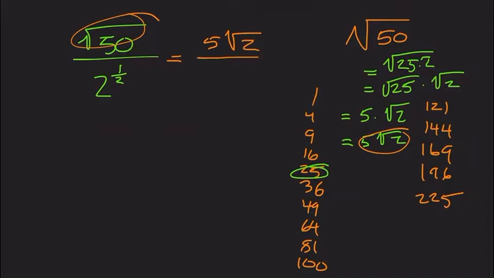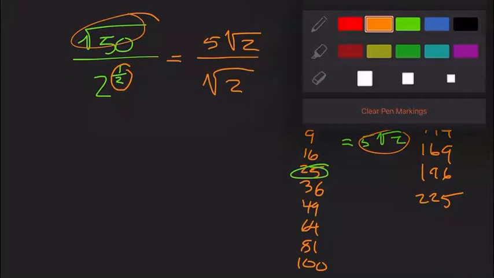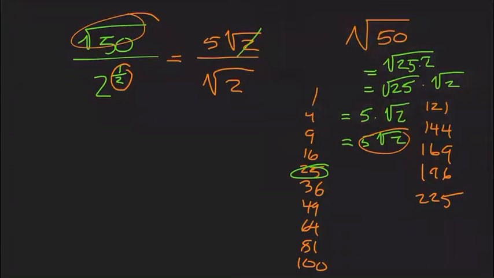And on the bottom, what do we also notice? Power of 1/2 is the same thing as square root. So we can rewrite this as square root of 2. Now notice we have the same thing on top, same thing on bottom of the fraction. They cancel each other out because anything over itself equals 1. So we're just left with 5.